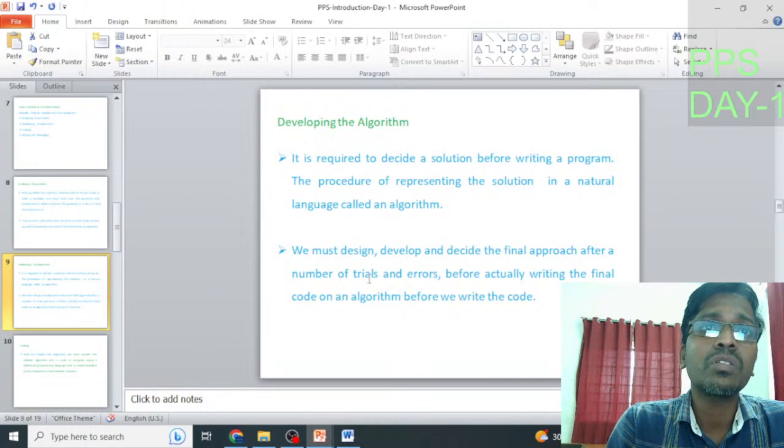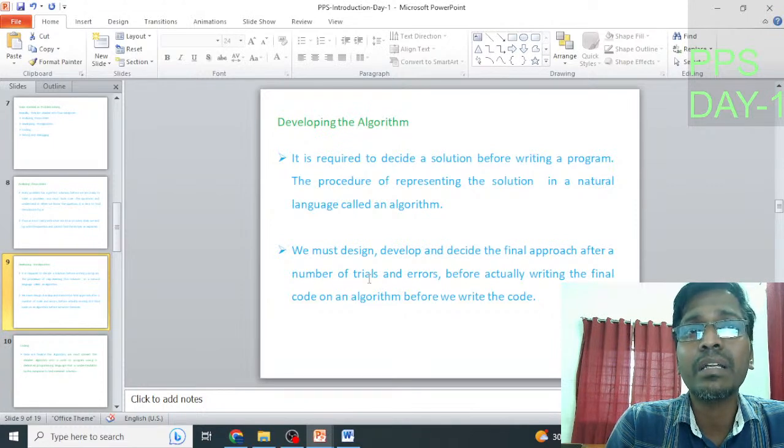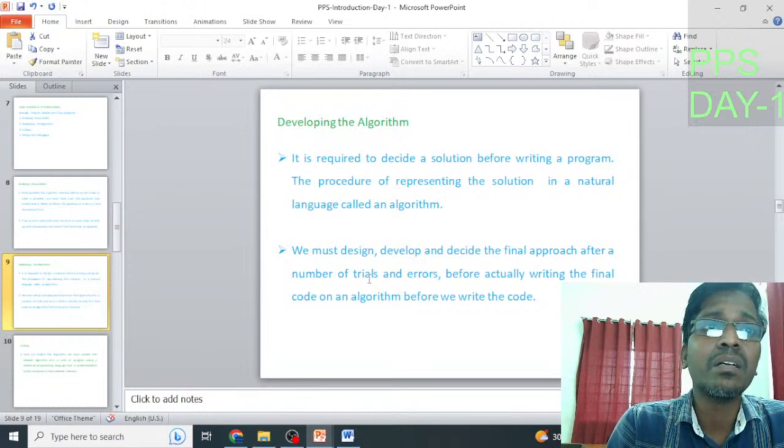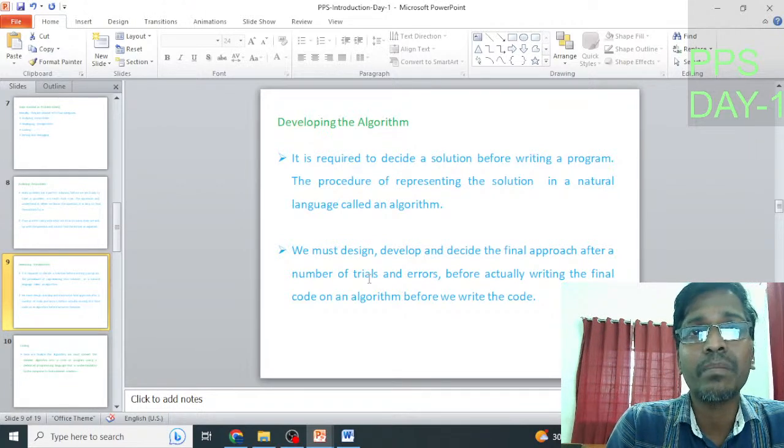Once you understand the problem completely, you have to write it in the form of an algorithm. Writing an algorithm differs by programming language. If you take the C programming language, every algorithm starts with a first step of start, and the final step will be stop.